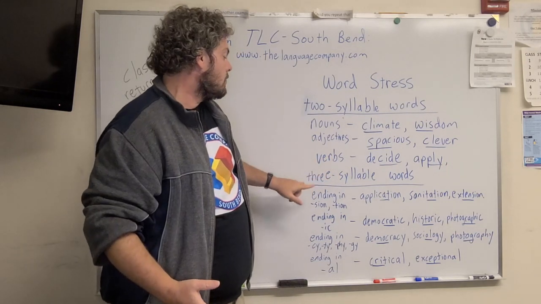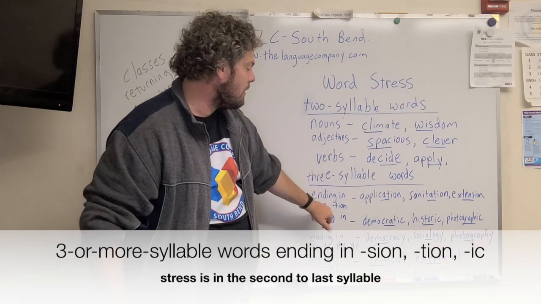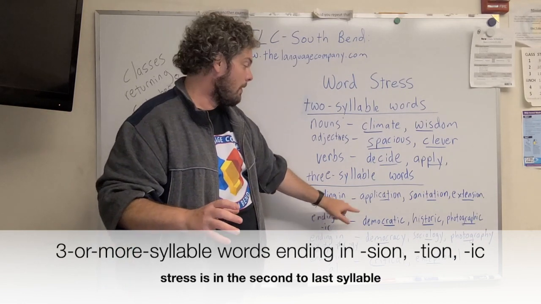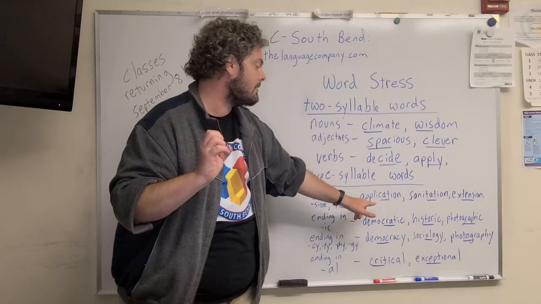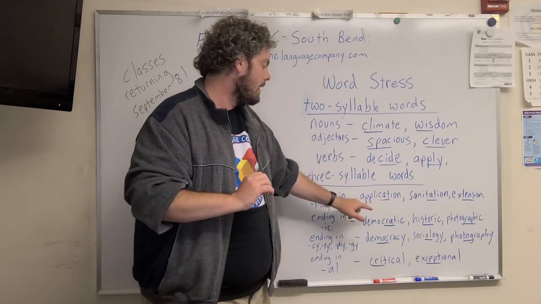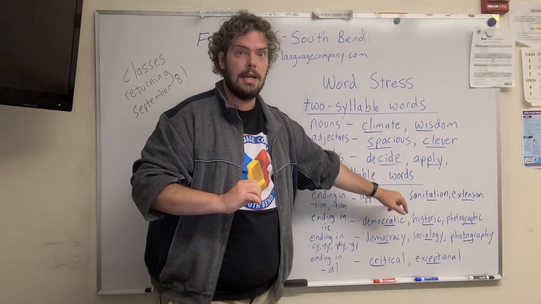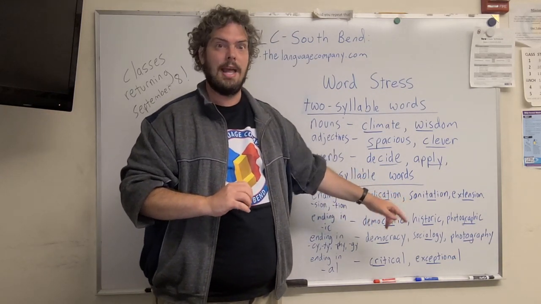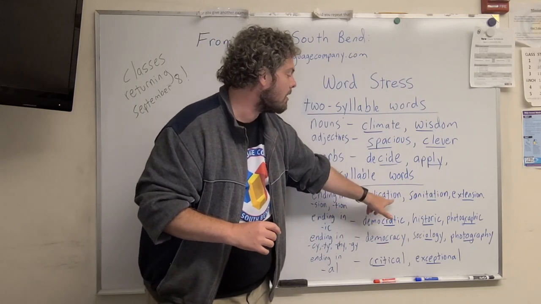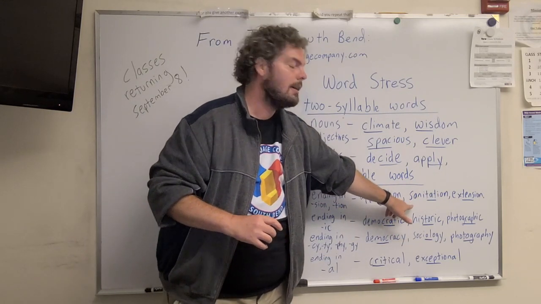So, if you have ION, SION, or TION in a word, then the word stress is usually going to be on the second to last syllable. It's not application, it's application. Application. The stress is on the part right before the ION.